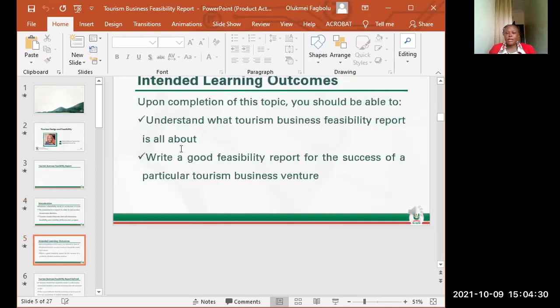And during that class last week, we said at the end of the topic, at the end of our discussion, you should be able to understand what tourism business feasibility report is all about, and also be able to write a good feasibility report for the success of a particular tourism business venture.